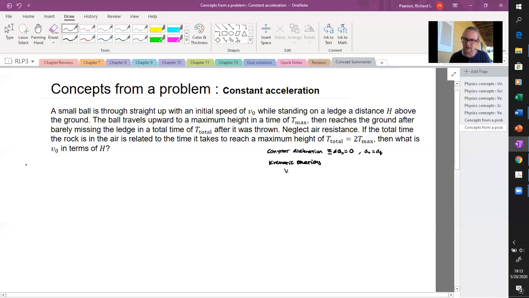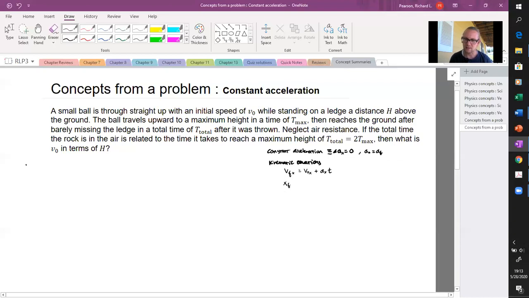We have that the final velocity is equal to the initial velocity plus the acceleration times time. This is just derived from the average acceleration equation, with a little bit of rearrangement.